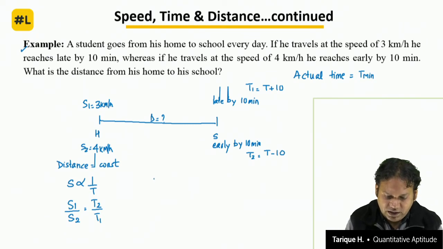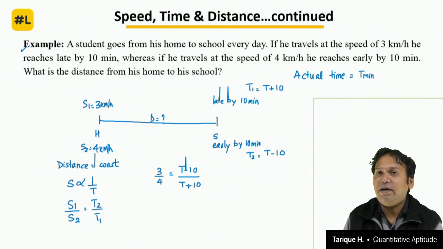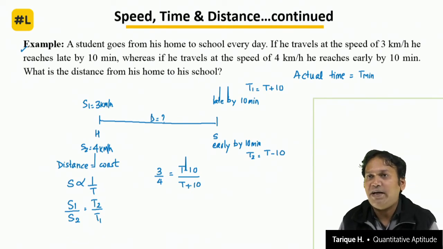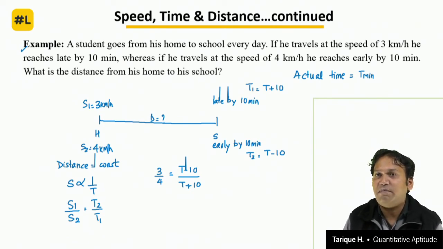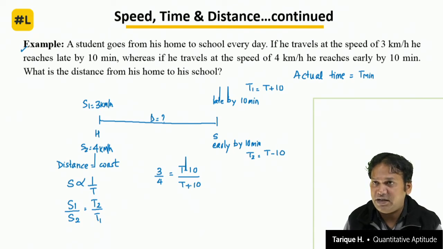So we can say 3 by 4 is equal to T2, that is T minus 10, by T1, that is T plus 10. Now I am not converting the time from minutes into hours. You don't need to do that, because in a ratio the unit gets cancelled, it does not matter.